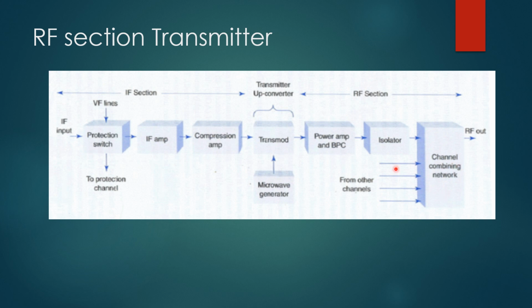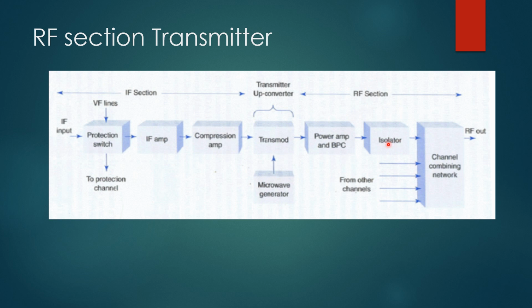Now in these power amplifiers, when we are doing the up conversion and bringing it to the power amplifier, you can use any power amplifier like the klystron, traveling wave tube, or even impact diodes, etc. Very high power has to be provided, which is why we are using these amplifiers. And next there has to be this isolator. We know that we have got many channels, and we know the function of a ferrite isolator.